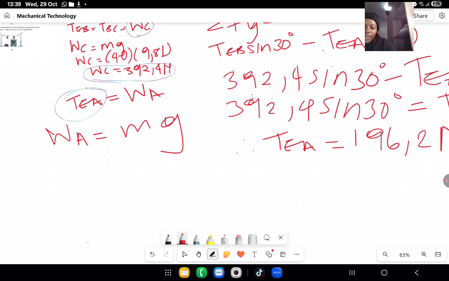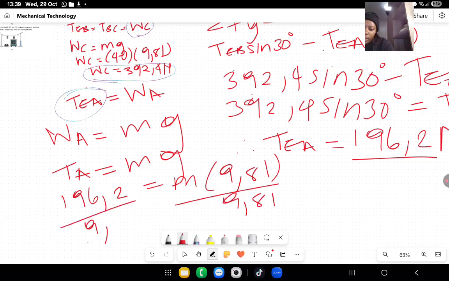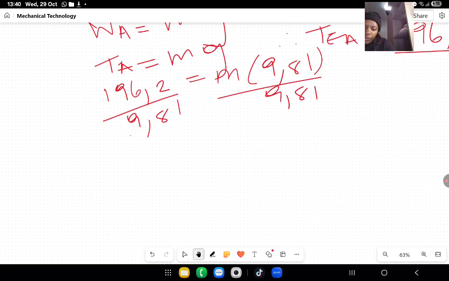So TA equals mg, which means 196.2 equals our unknown mass times 9.81. We divide by 9.81 so that we can make M the subject of the formula.